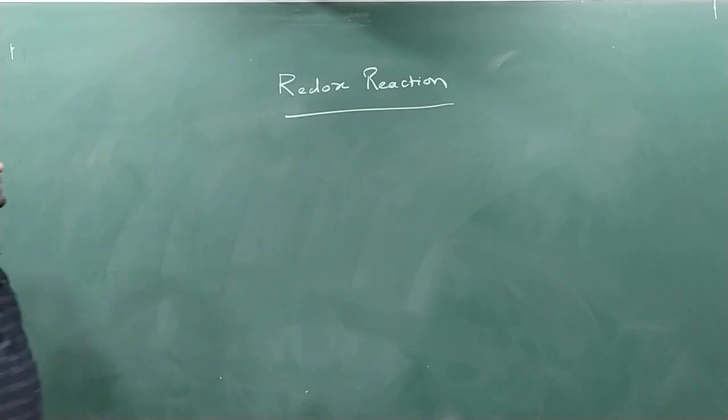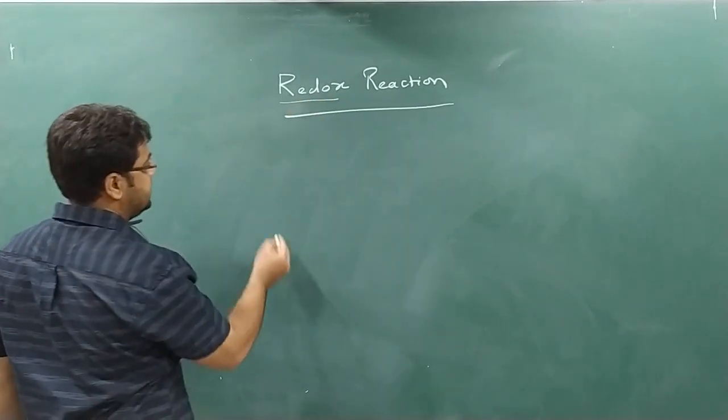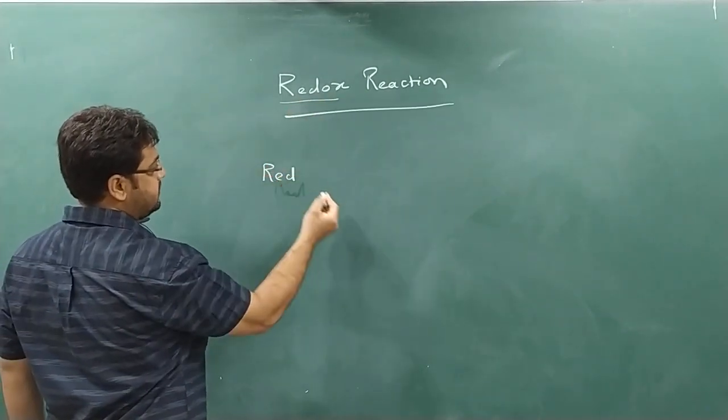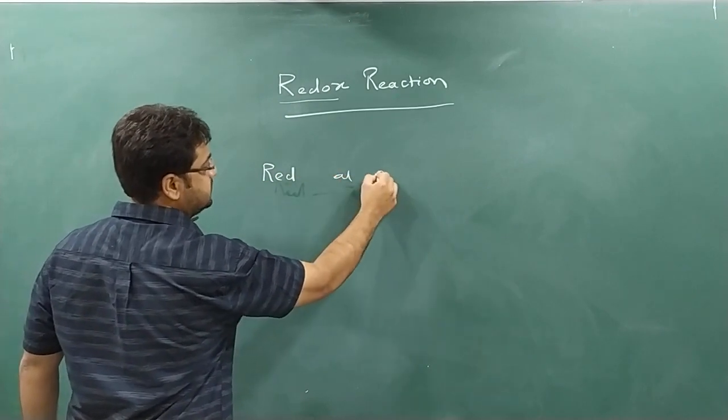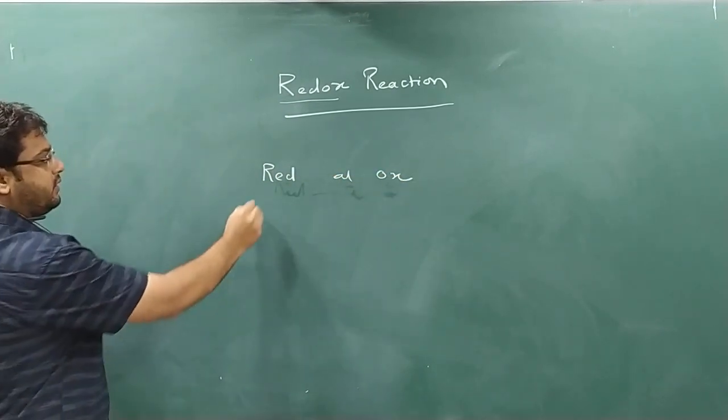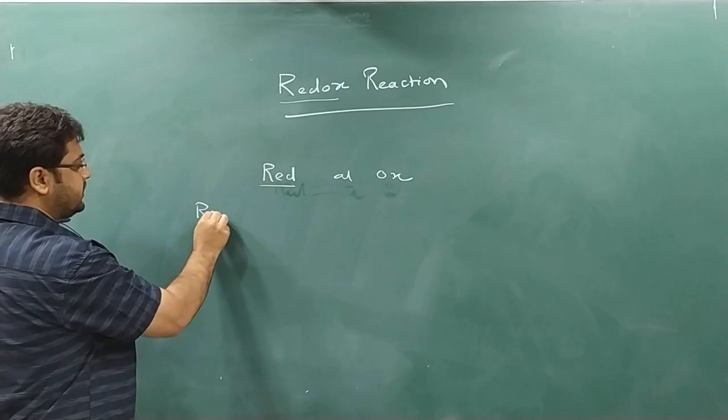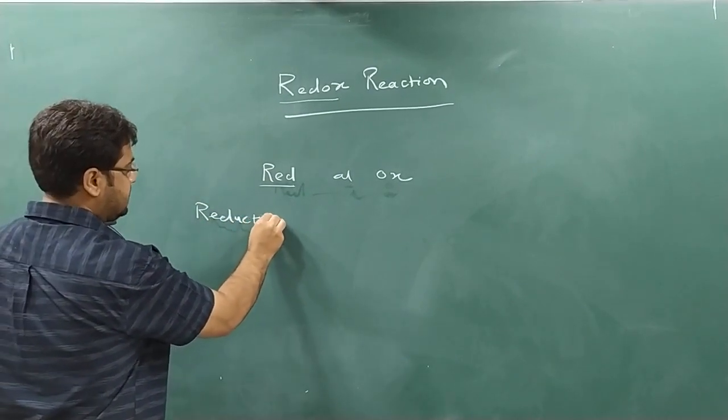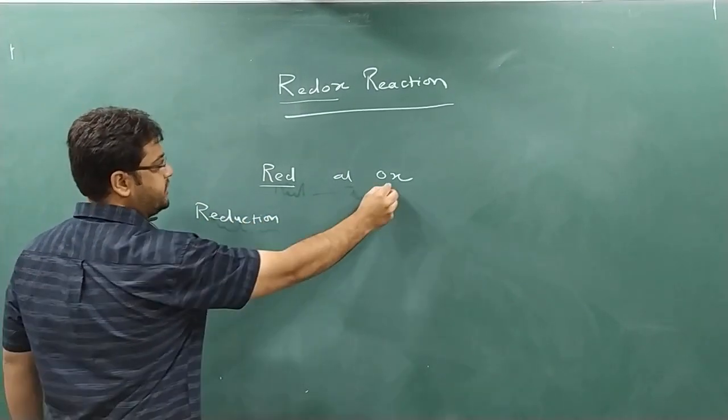This word redox is made up of two words, that is red and ox. This red meaning is reduction and ox meaning is oxidation.